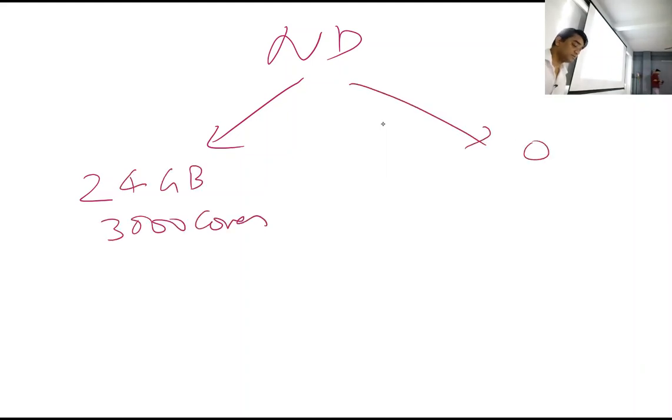Okay, now look at this. There are two GPUs which NVIDIA is providing. One GPU has, let's say, 24 GB RAM, but only 3000 cores. And there's another GPU from NVIDIA where you have 8 GB of RAM, but you have, let's say, 12,000 cores. Which graphic card is expensive?